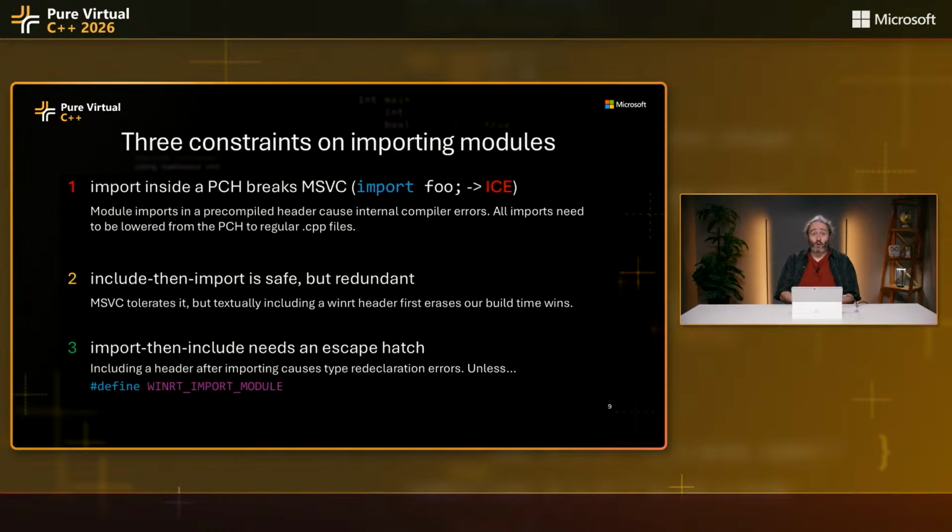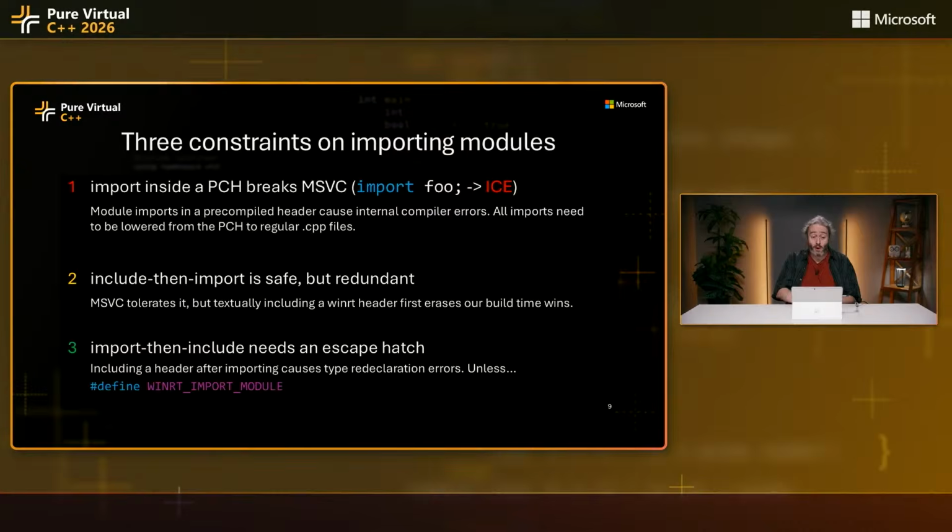So yes, you can import then include, as long as you define this macro first, and the macro makes it so that the include essentially is a no-op. It does nothing. So you still can't redefine the types, but at least you can deal with code that insists on including the WinRT headers, and you can make forward progress and get your projects converted. So that's how we go. This escape hatch, remember, is important. We're going to be using this. I use this quite a bit in the terminal conversion.